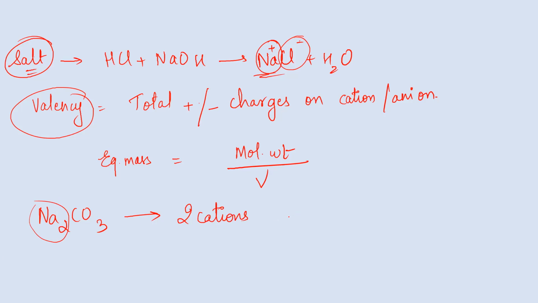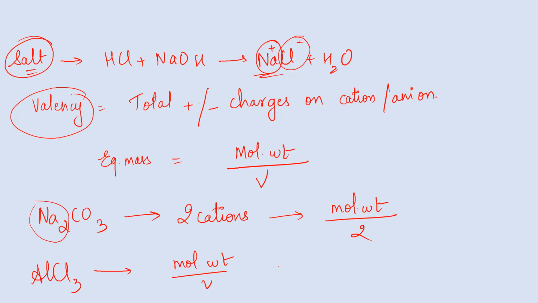2 cations are there. So the valency is 2. Okay, now how will I calculate the equivalent mass? The equivalent mass is going to be molecular weight divided by 2. Okay, now if I have aluminium chloride, molecular weight divided by valency. So how many charges are there on this cation, on aluminium? 3 charges.